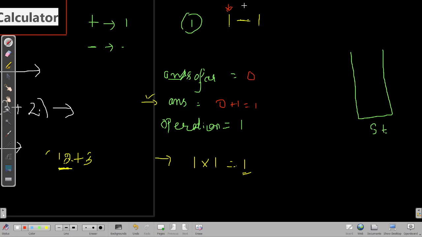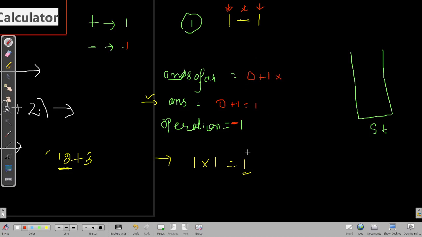Now we go over. Now the sign is minus, so we make the operation minus 1. Now move next. We check if it is a single digit or a consecutive digit, and it is a single digit. So we calculate the answer so far, which is 1.